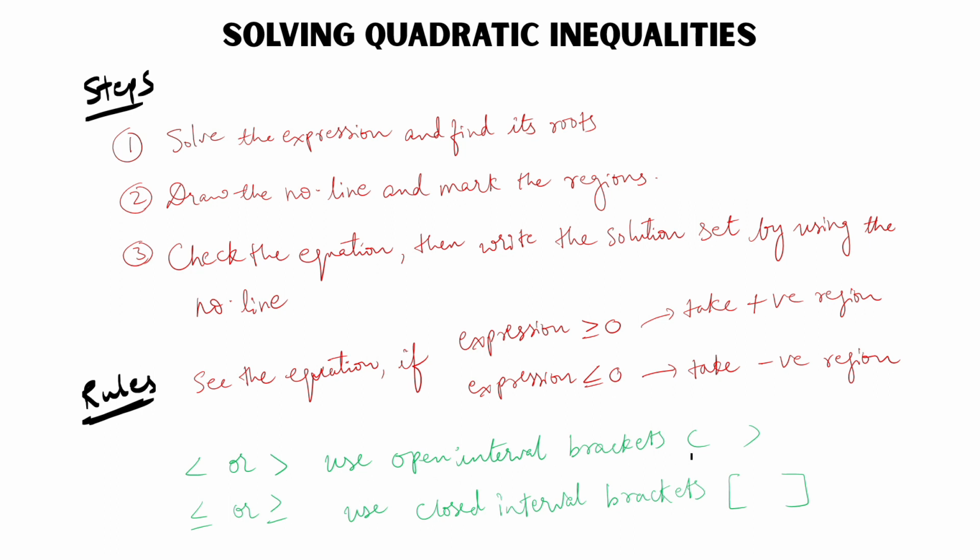If equal to is also there, like less than or equal to or greater than or equal to, then you must use closed interval brackets, right? Like this. And one more thing, for infinity it is always open interval brackets. If it is like minus infinity comma 5, you must use only open interval brackets. It shouldn't be like this, right? It shouldn't be like this.